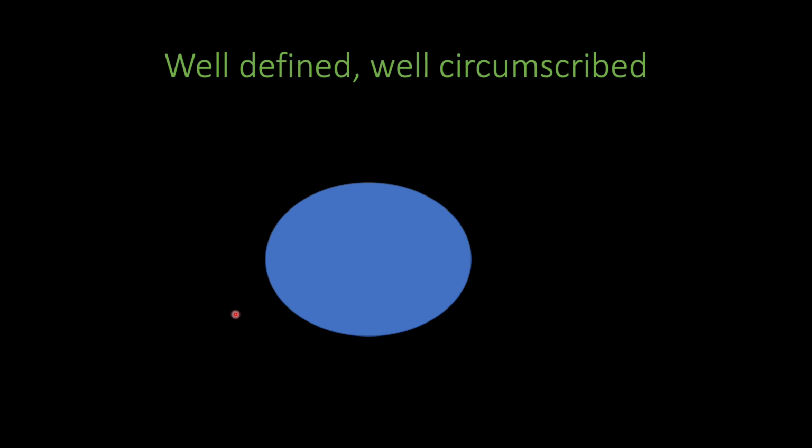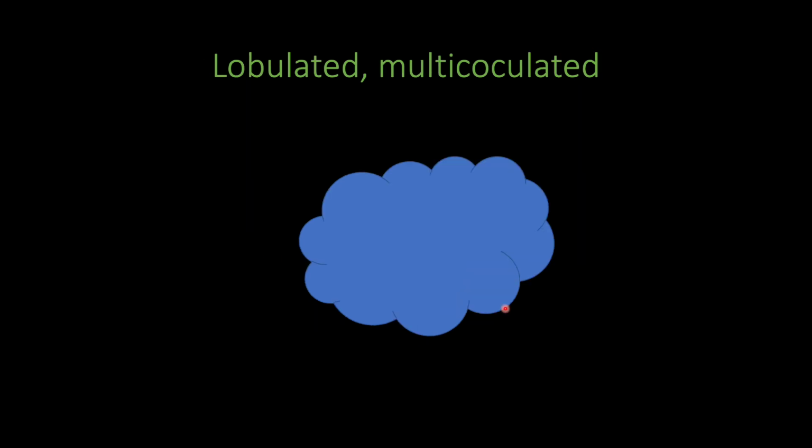When you see something like this, you can describe it as well-defined or well-circumscribed. A lesion like this, you may want to describe it as lobulated. It's still well-defined, but now it's lobulated or multiloculated. Well, if you look at a lesion like this, you might be describing it as ill-defined and spiculated.